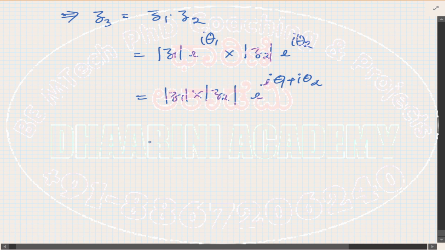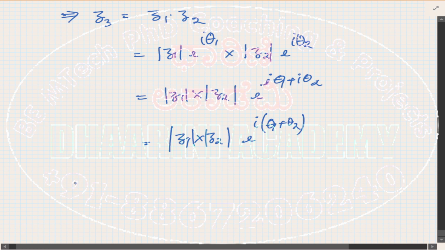So totally this is magnitude z1 into z2, like magnitude z1 into magnitude z2. We'll write it in that way, into e to the i times theta 1 plus theta 2.